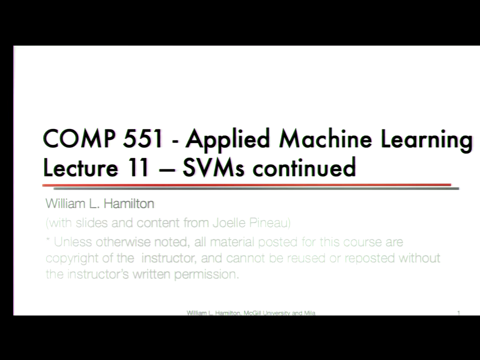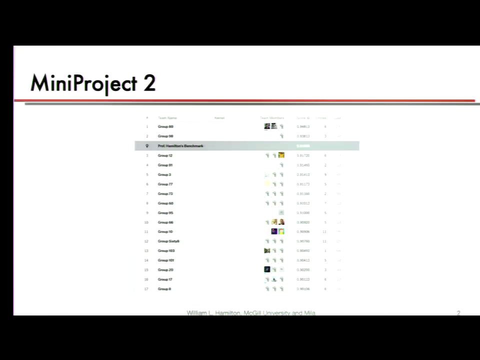But also, before we get to that, quick update on Mini Project 2. This is the current state of the top of the leaderboard at least. So still there is only 2 groups who are currently beating my benchmark, but there is a whole ton of groups that are right by it.